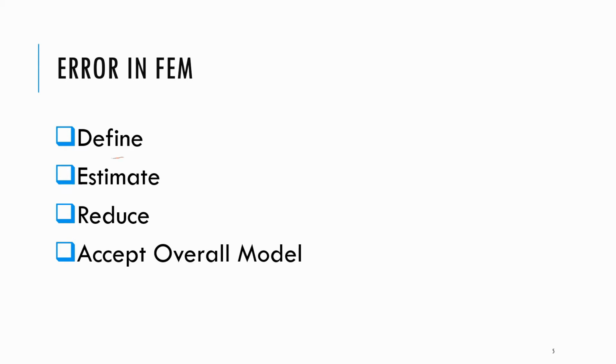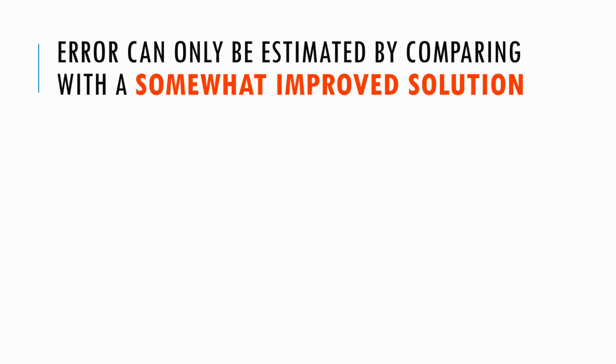We are going to try to estimate the error, because we cannot get the exact error because we don't have the true solution. So we do not have the true solution, and we still need to get an estimate of the error. So how about comparing with a solution that is somewhat improved? It turns out that's all we can do. So the question is, how do we get a somewhat improved solution?